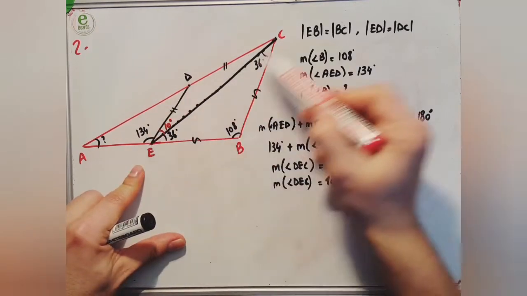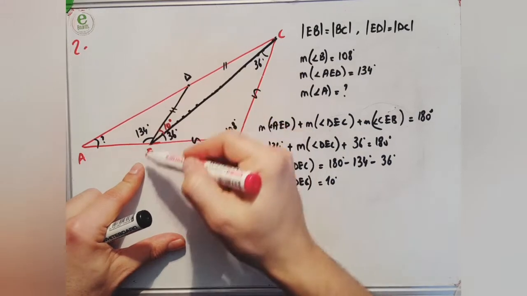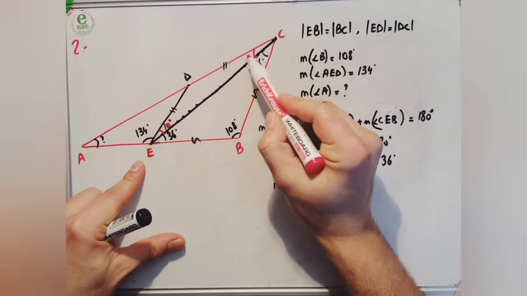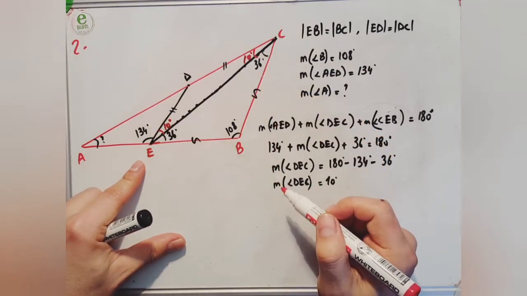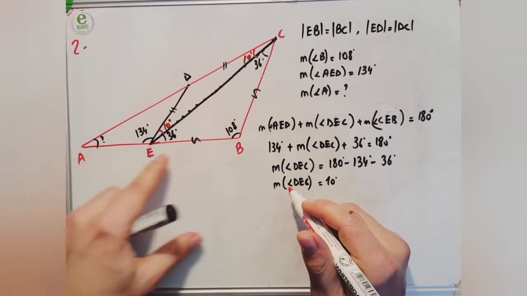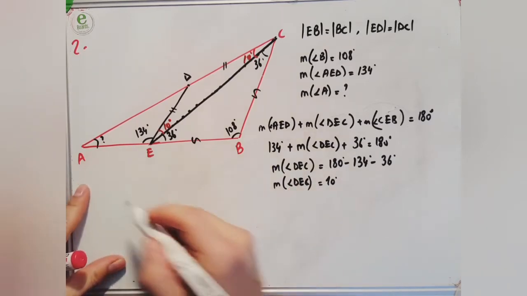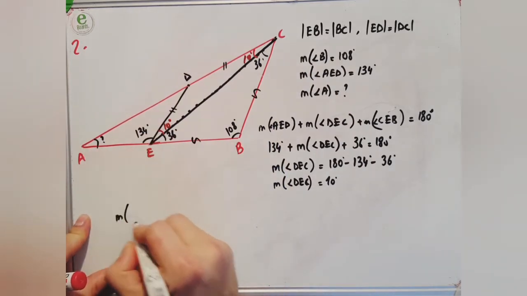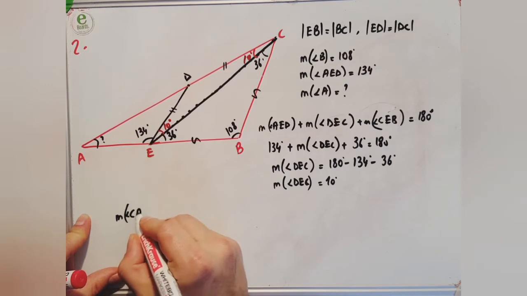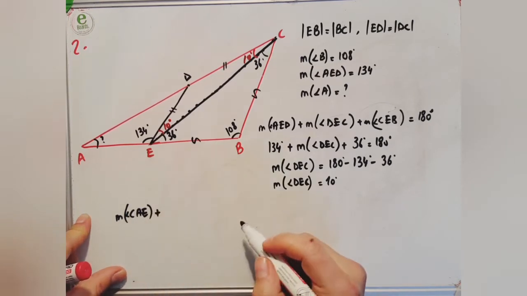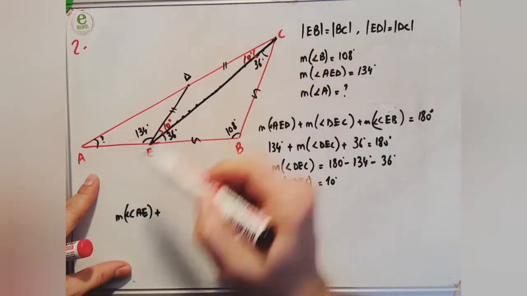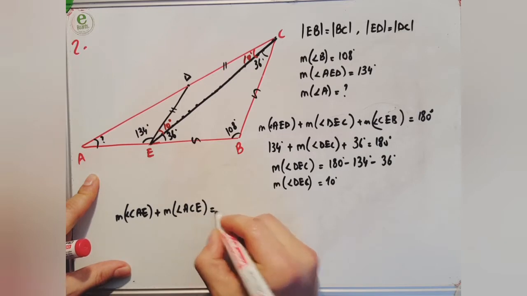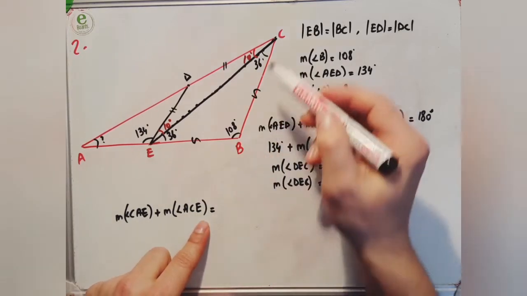And triangle DEC is also isosceles. DE is equal to DC is given. So the measure of ECD will also be 10 degrees. We know that the sum of two remote interior angles gives us the exterior angle. So we say the measure of CAE plus the measure of ACE is equal to the measure of CEB.